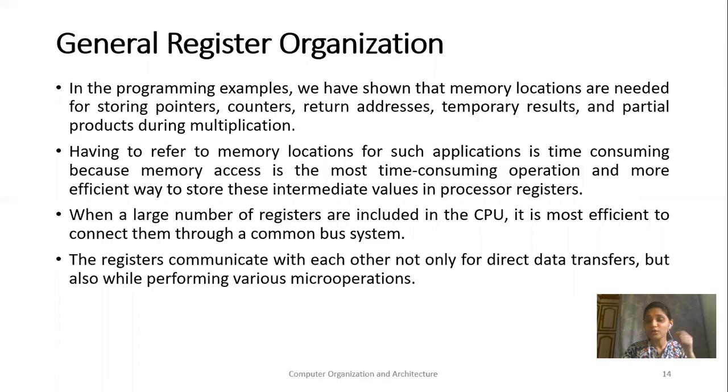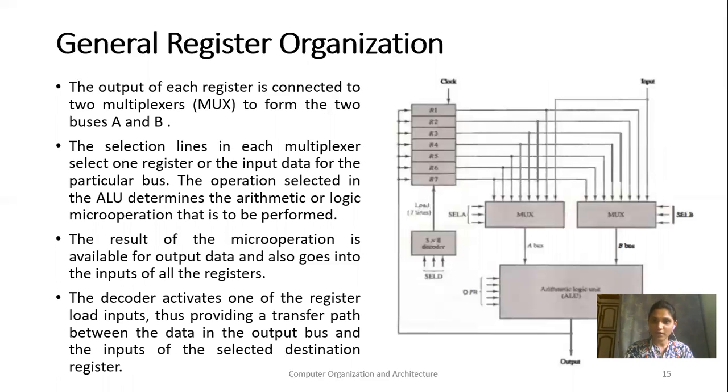So we require many registers and to provide some path between them. This is our task for organizing the general purpose registers. Let me see how you can do this.